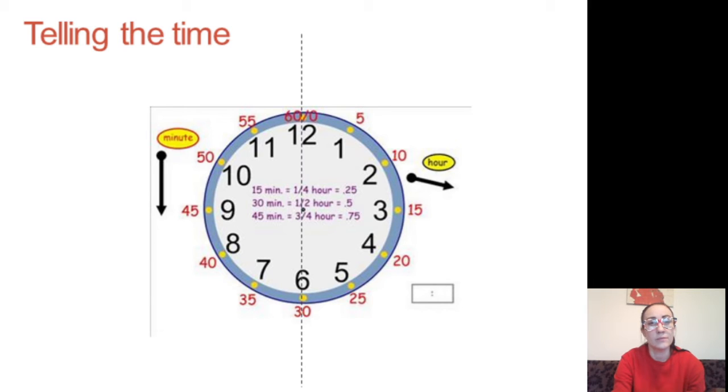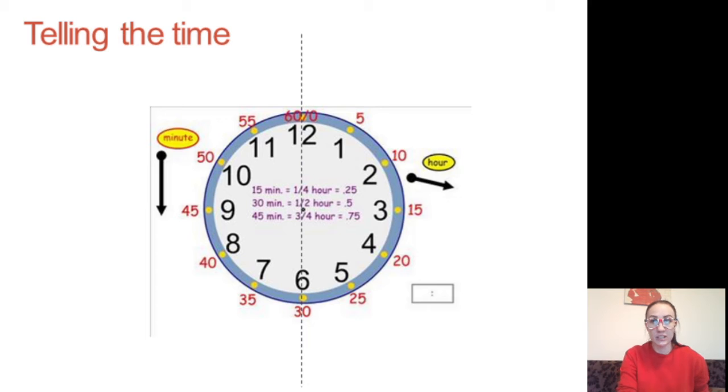So 5, 10, 15 minutes, 20, 25 minutes, 30 minutes, which is the half of the hour, 35 minutes, 40, 45, 50, 55 and 60, or the full hour.